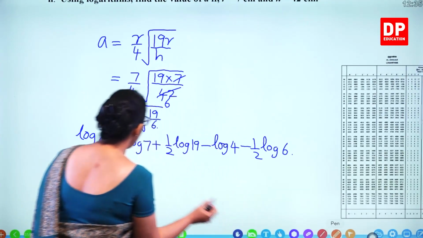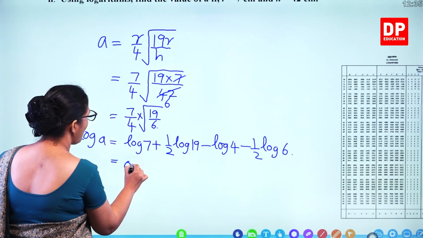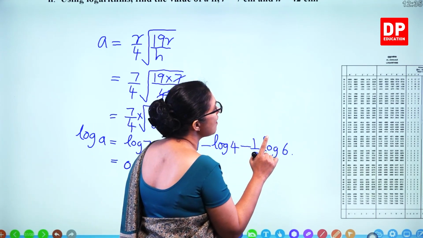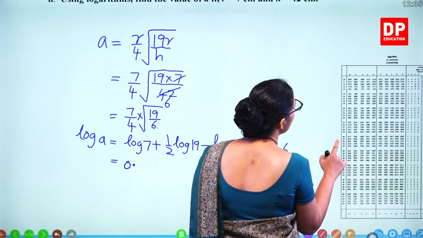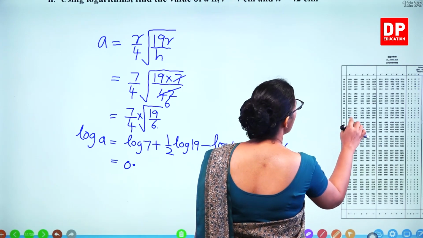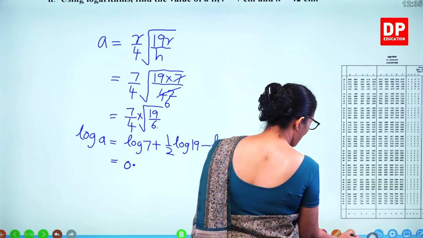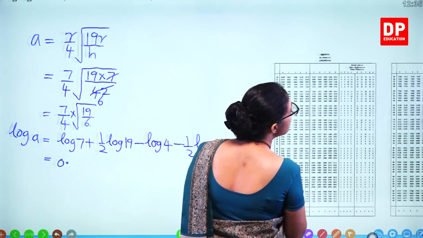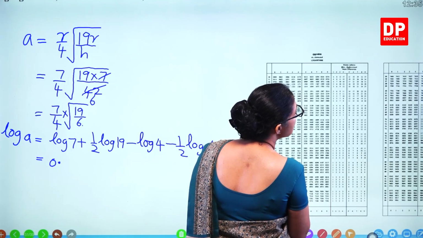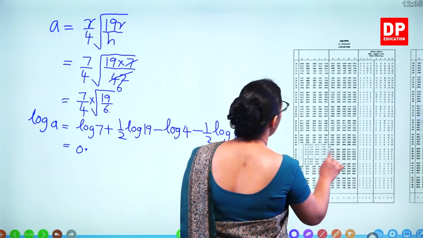So first one is log 7, that's 0 point something. So log 7, 70, 0. We'll take the second table. 70, 0, that's 8451.